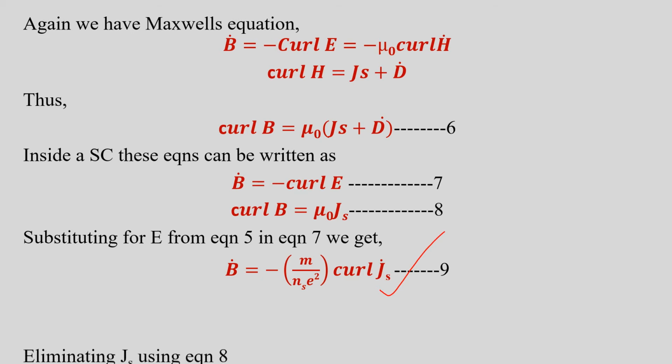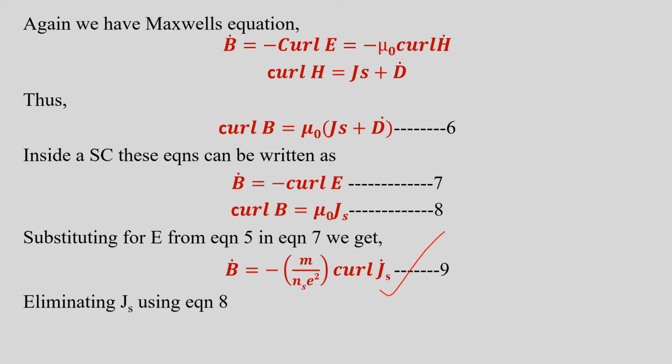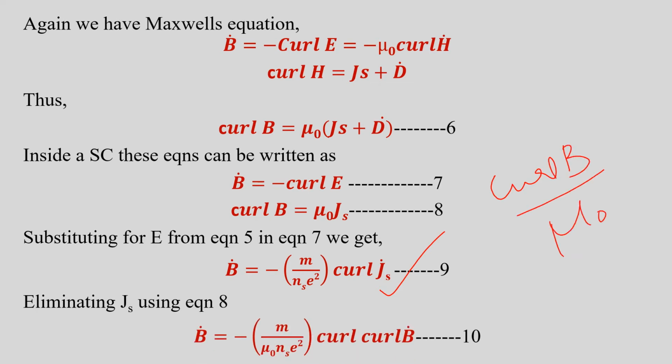Using equation 8, we can substitute for Js, which is equal to curl B by mu 0. On substituting, we get B dot equals minus m by mu 0 ns e squared curl curl B dot.